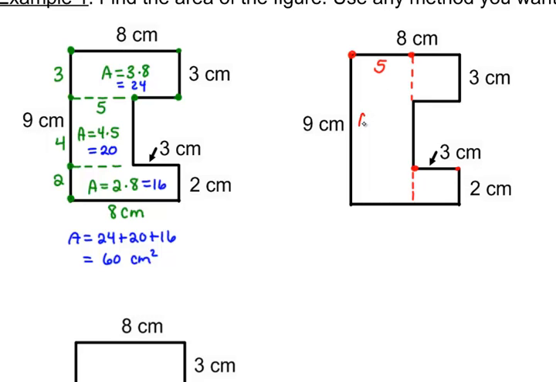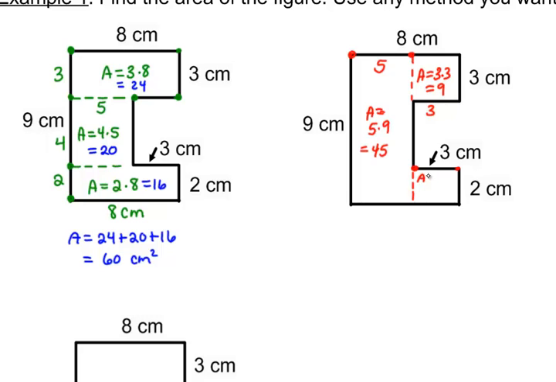And so area is equal to 5 times 9, which is equal to 45. This area is 3 times 3, which is equal to 9.